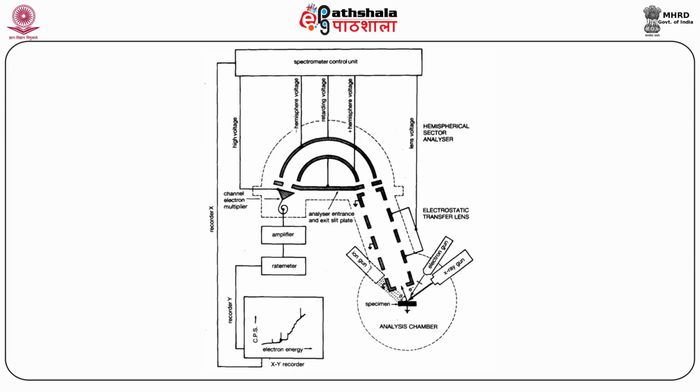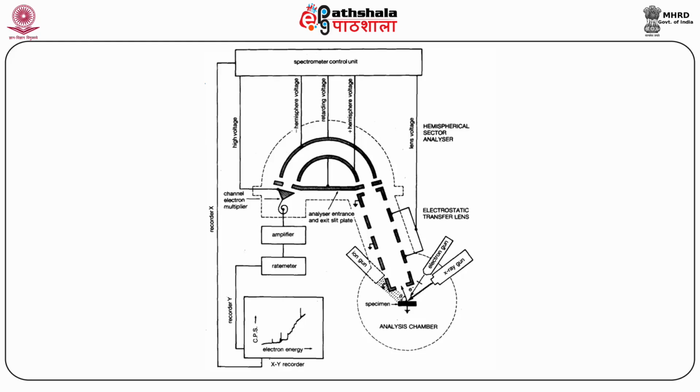A flow chart of this spectrometer has various units as indicated in this slide. The spectrometer control unit is the major one. Then we have the voltage passing side where high voltage is passed, and then through a series of intermediate voltages, the other side indicates low voltage, or as we call it, the hemispherical sector analyzer.